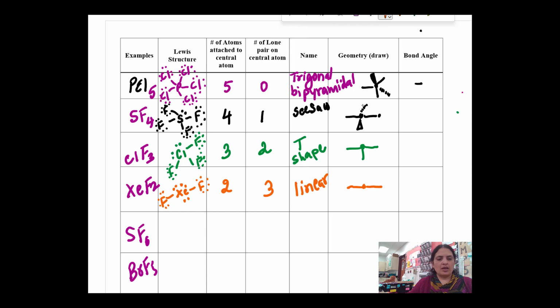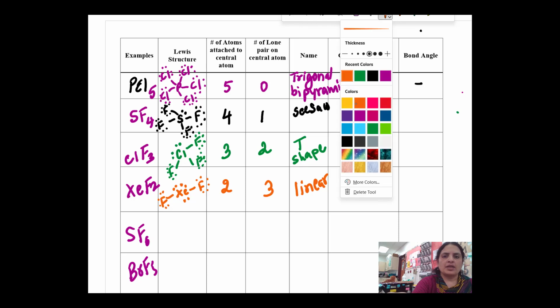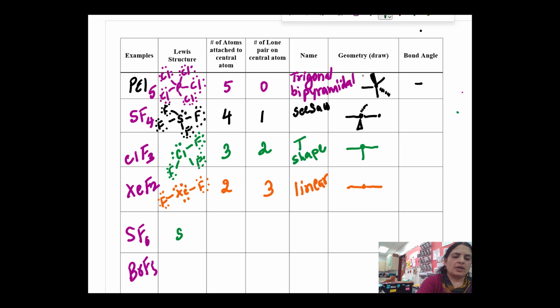Okay. Now, the next one is SF6. So again, sulfur. Now it's connected to 6 fluorines. So 1, 2, 3, 4, 5, 6, and you can add the lone pairs on fluorine.